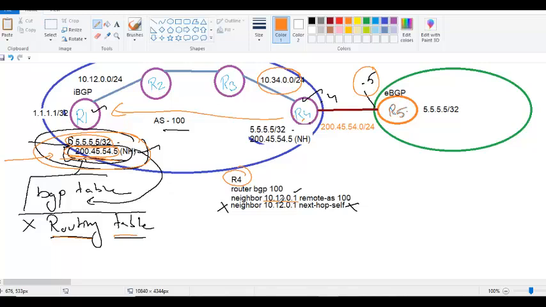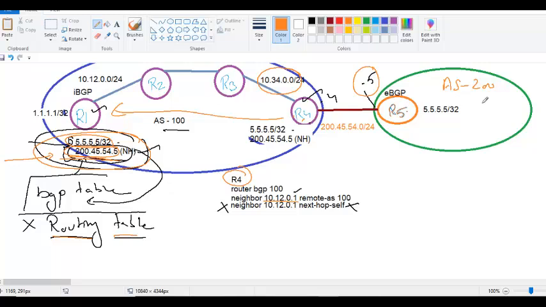IBGP. 5.5.5.5 is coming from where? From an eBGP neighbor. So every network advertised by the eBGP neighbor will have the eBGP address as next hop in the IBGP router. If router 1 doesn't know how to reach this next hop, then router 1 cannot use this route. That is why the route is not seen in the routing table.